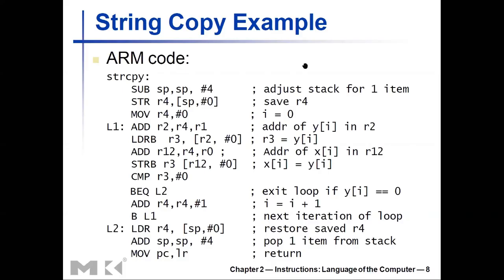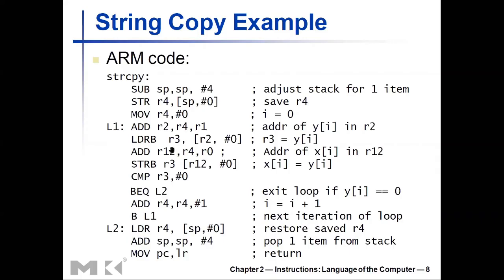So R12 is not expected to be preserved by the callee. So you can go back and look at the ARM register convention we had, and realize that R12 is not needed to be preserved by the callee. So that is why we are using it here.